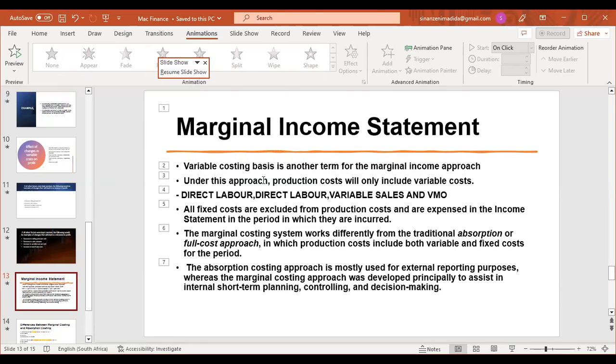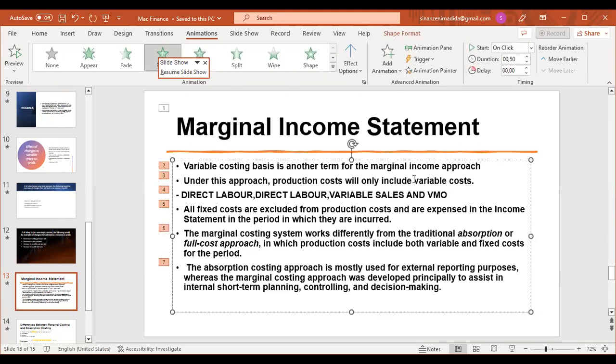Under this approach, the production cost will only include variable cost. Please highlight that part. We are only interested in variable cost to calculate our contribution per unit. Marginal income, we are calculating contribution per unit.